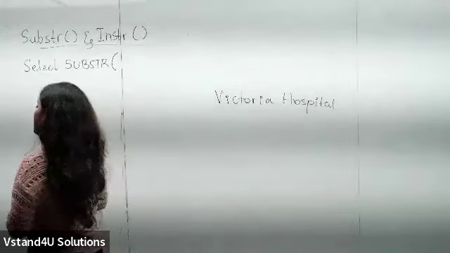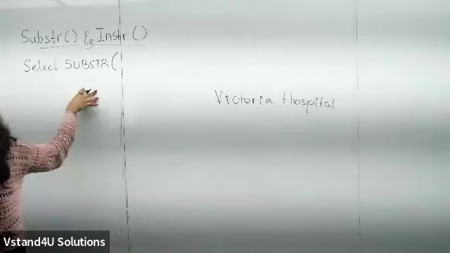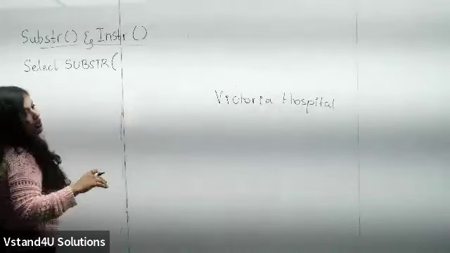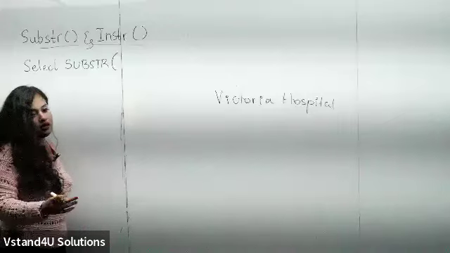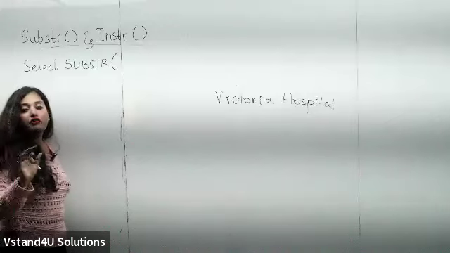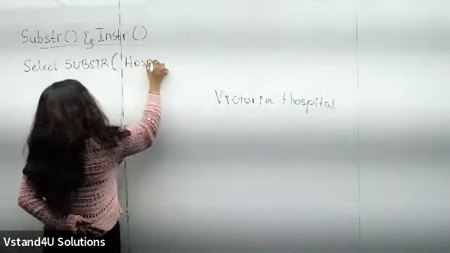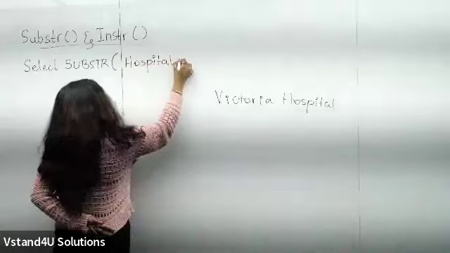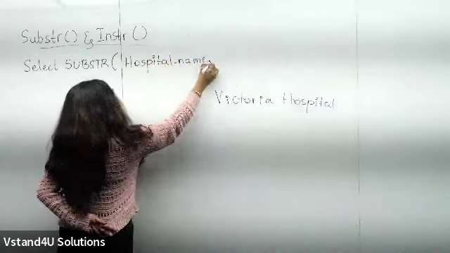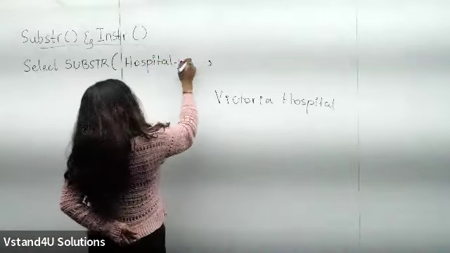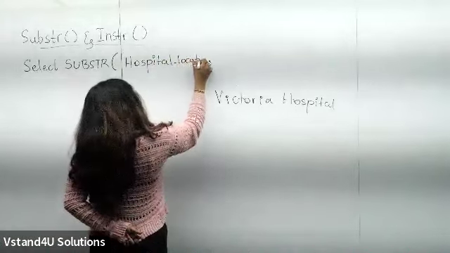Okay. So now how will I write? I will write select substring. From where I have to take it? From which column? The column name is hospital location.